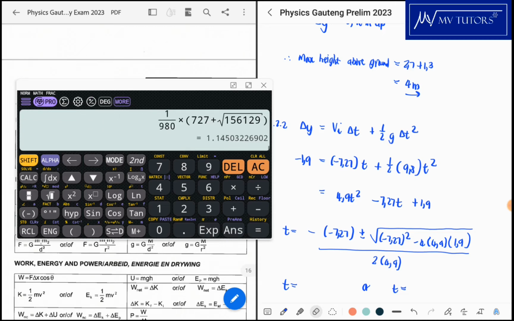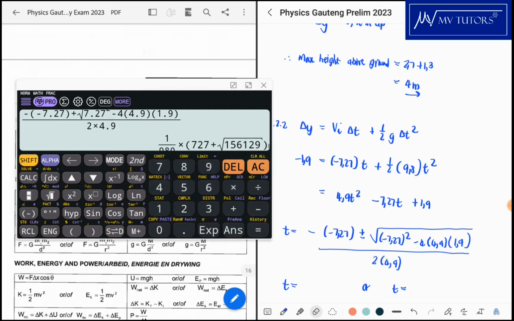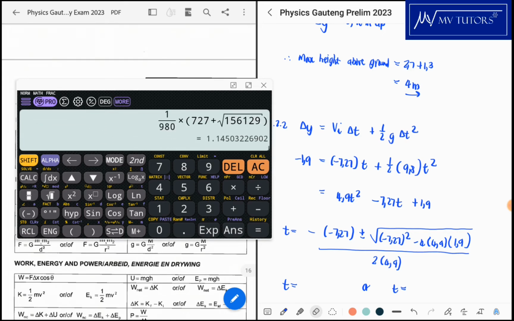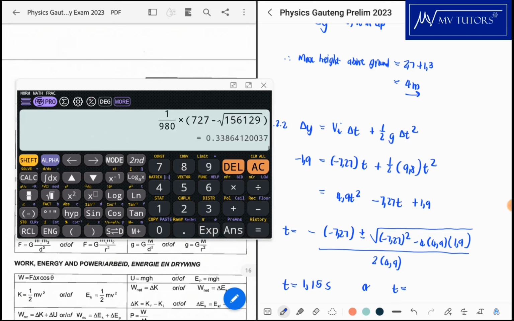So I get 1,14, or 1,15 seconds. And if we put a negative there, we get 0,33 or 0,34.